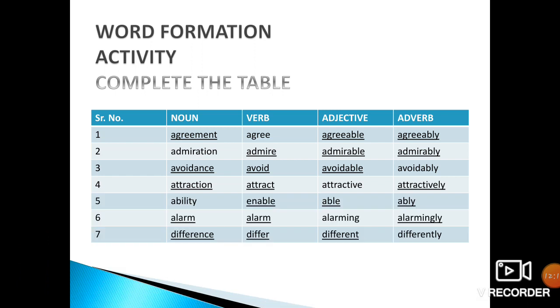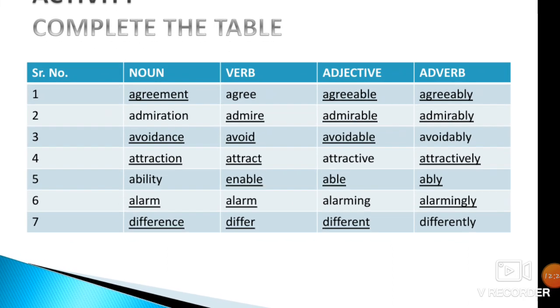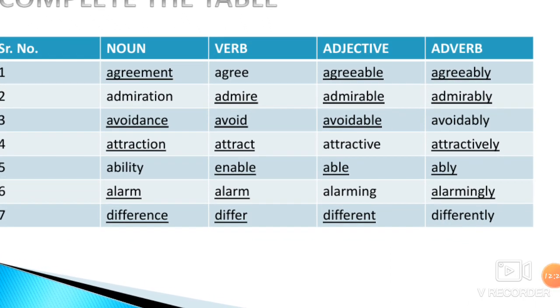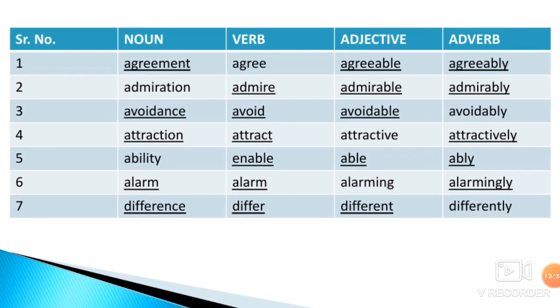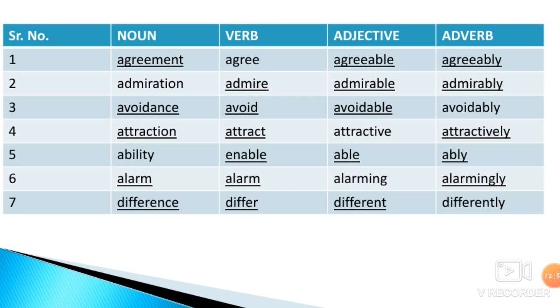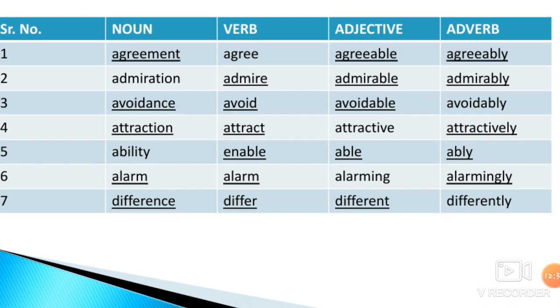Word formation activity, again it is showing you, complete the table. This activity is again in our English textbook. You have to search for this activity on textbook page number 22. There are some more examples there.